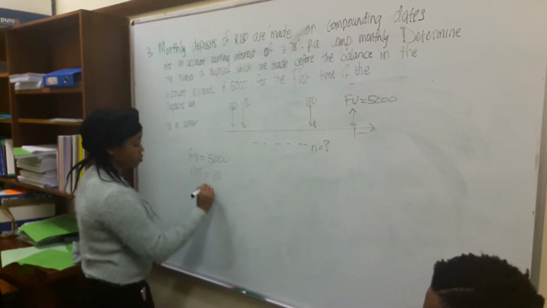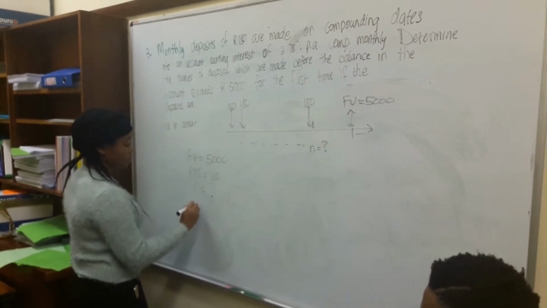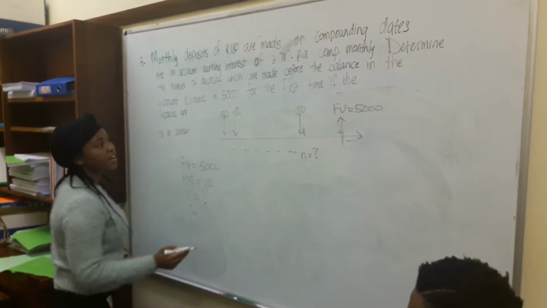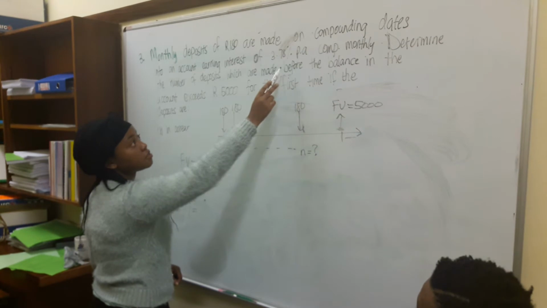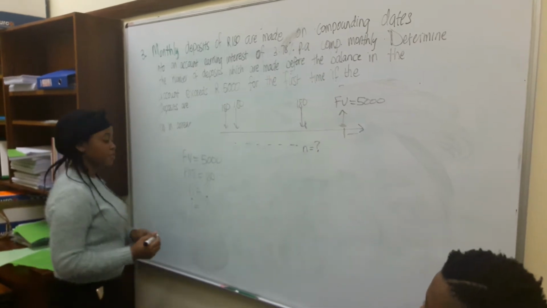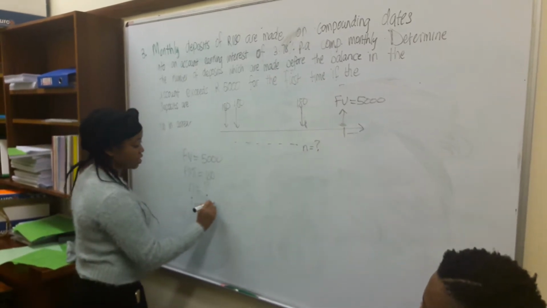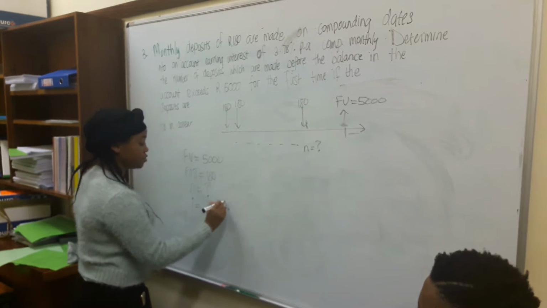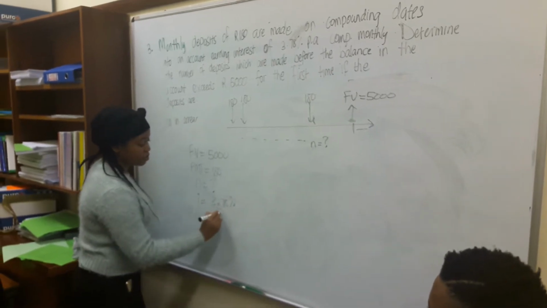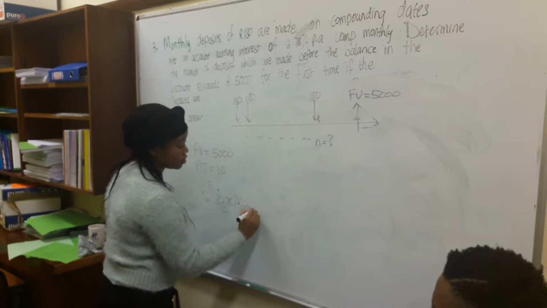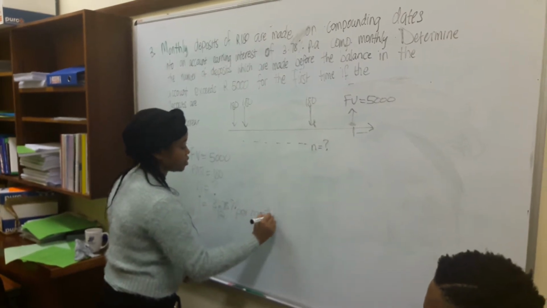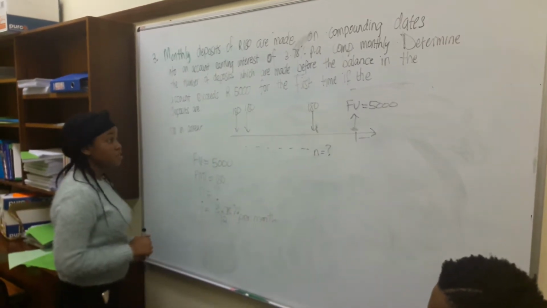N is unknown, which is what we're trying to find, and because i is a nominal rate, we have to turn it into an effective rate. So we're gonna divide 3.78% by 12 to get it per month, which is the interest rate we're gonna use to calculate.